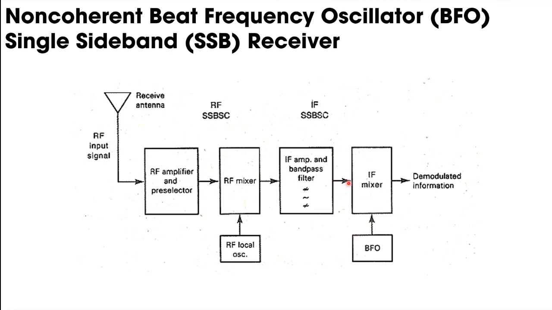And finally, it goes into the IF mixer, wherein the beat frequency oscillator mixes with our intermediate frequency, and those beats mix with our IF signal, and it creates a sum and difference, and the resulting signal is our demodulated information.